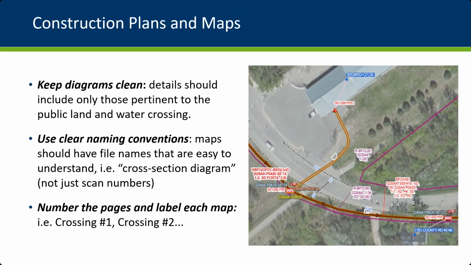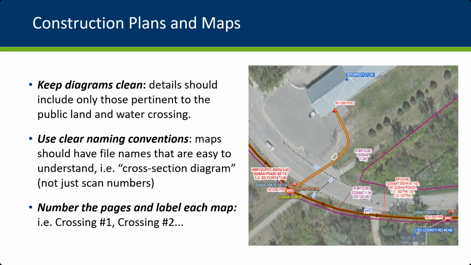Construction plans and maps. When putting together and submitting construction plans and diagrams, please keep this in mind. Keep the diagrams clean. Construction plan and map details should include only information pertinent to the public land and/or public waters crossing. Use clear naming conventions.